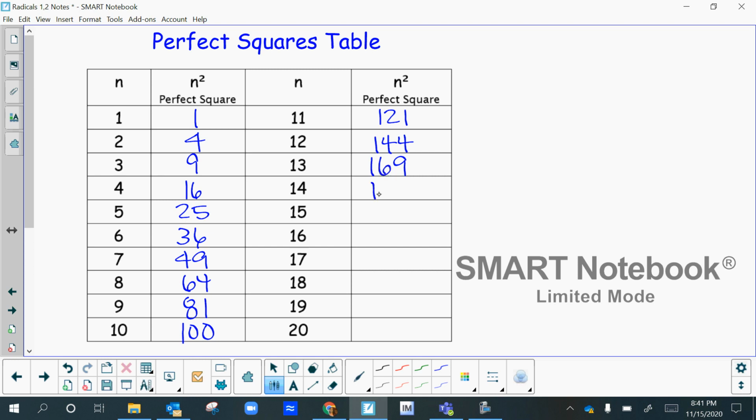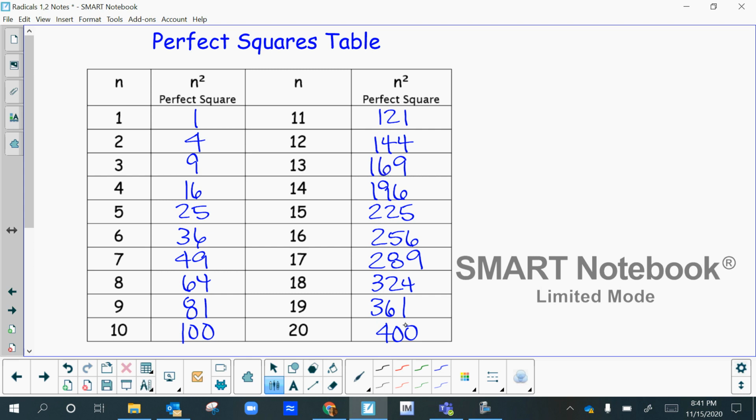When I take the square root of 196, I get 14, and that's why we call it a perfect square. 16 squared would be 256. 17 squared is 289. 18 squared is 324. 19 squared is 361, and 20 squared is 400.